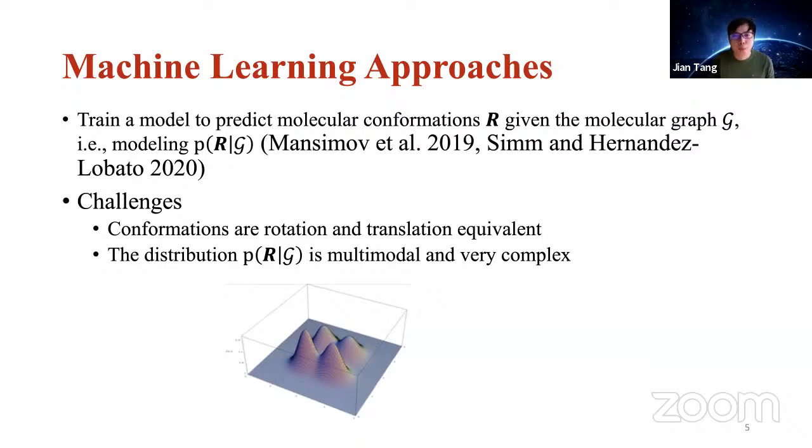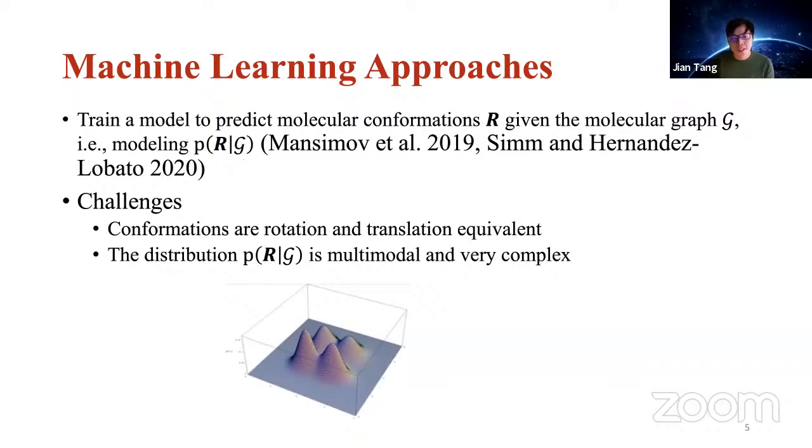Based on this training data, we want to model the distribution of the conformation R given the molecular graph. This is the fundamental machine learning problem we're trying to solve: modeling the conditional distribution of the conformation R conditioned on the molecular graph G.